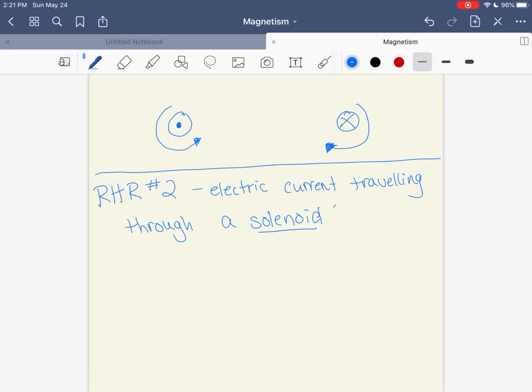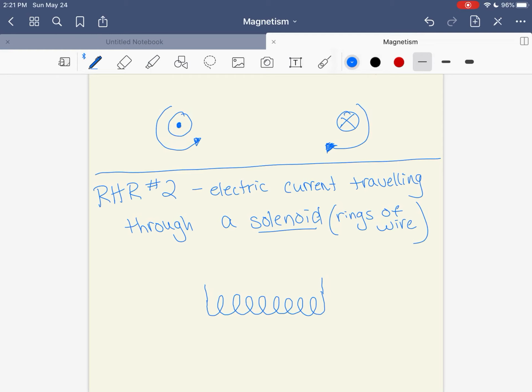Okay, now a solenoid is just when the wire is in loops. Okay, so for example, rather than having straight wire, we have wire that is looped around in circles, and that's a solenoid.